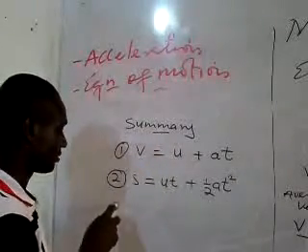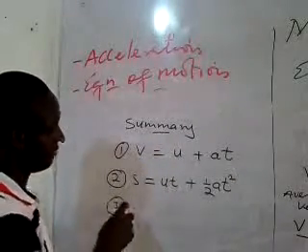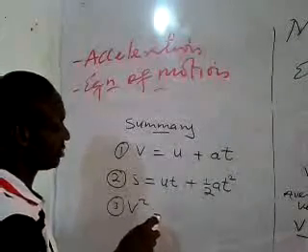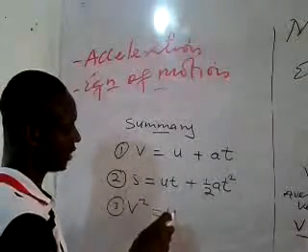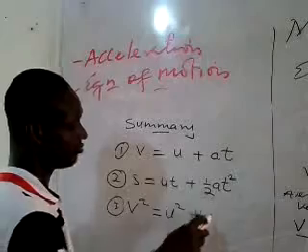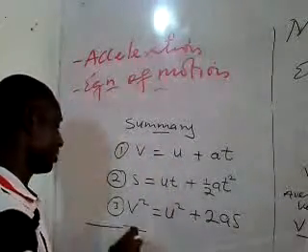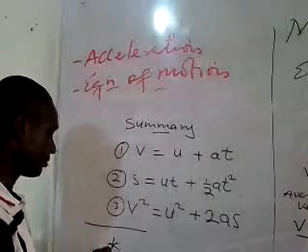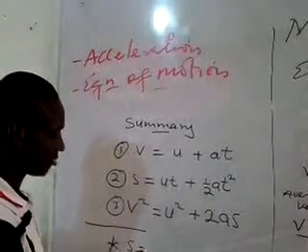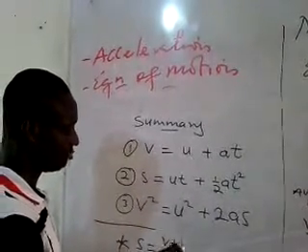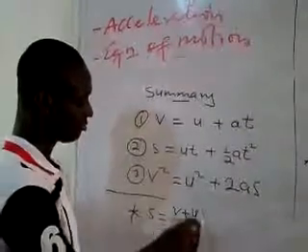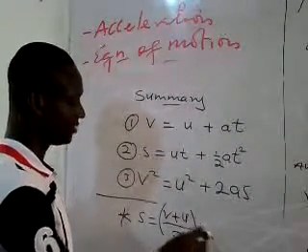And then 3, we also have V squared, which is equal to U squared plus 2AS. And we also need this one, S is equal to V plus U over 2 multiplying T.